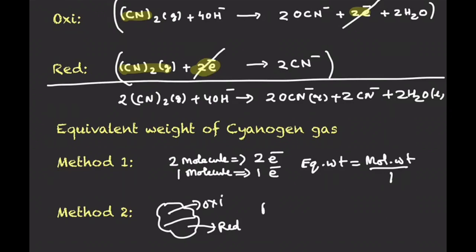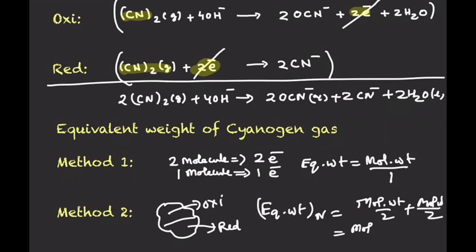So I can write directly that equivalent weight net is equal to equivalent weight in oxidation, molar mass divided by 2, and reduction, again molar mass divided by 2. If we add and simplify, we get molar mass divided by 1. So either by method 1 or method 2, we are getting the X factor in the overall disproportionation reaction as 1. So equivalent weight is equal to molecular weight.